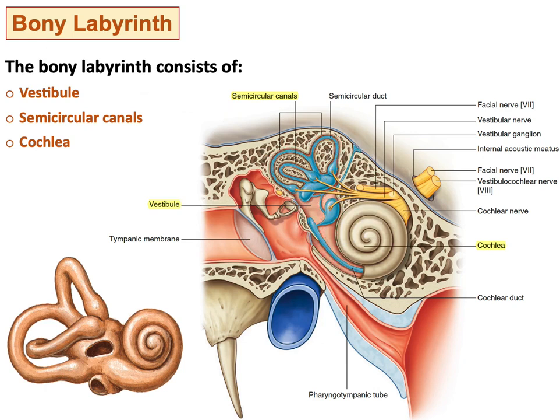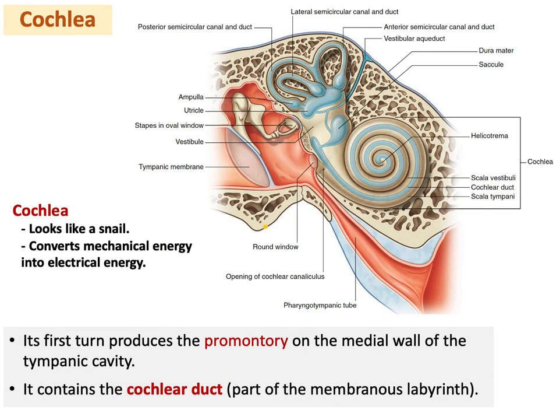So back again to the bony labyrinth. It consists of the vestibule in the middle, this bulge, and the semicircular canals, as you see here. You have 3, and you have the cochlea, which is like a snail, right? Now let us start with the cochlea.